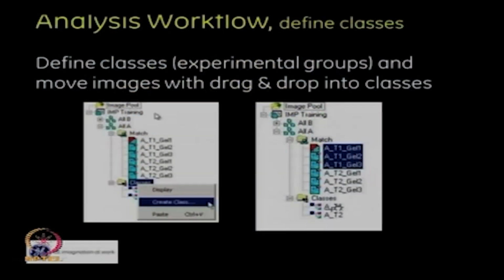After matching everything, how to design your experiment, how to match the gels, how to create the match set, we will see more in our analysis. In our software analysis, from the image pool we add our images, then we create our match set and our classes. We will go into more detail during the software demonstration.